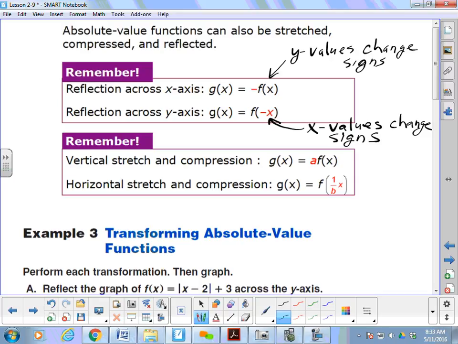Reflection across the y-axis, we call that a horizontal reflection. So we change the values of x. So in our one that we're working with, this would be negative absolute value of x, and this would be absolute value of negative x. All right.